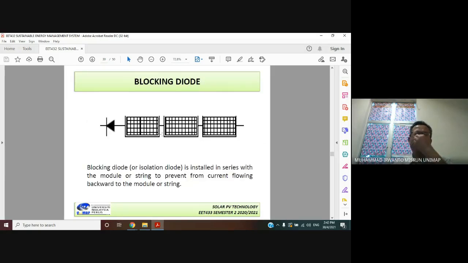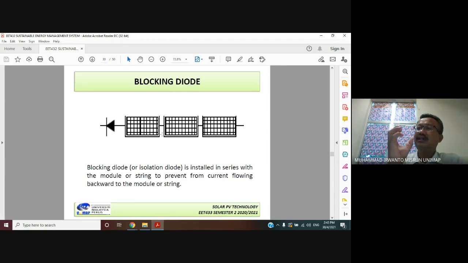Okay, and then the other diode we can call the blocking diode. The function of the blocking diode is to block current that would flow back into the photovoltaic module, because this condition cannot be allowed in a PV module installation. Why?